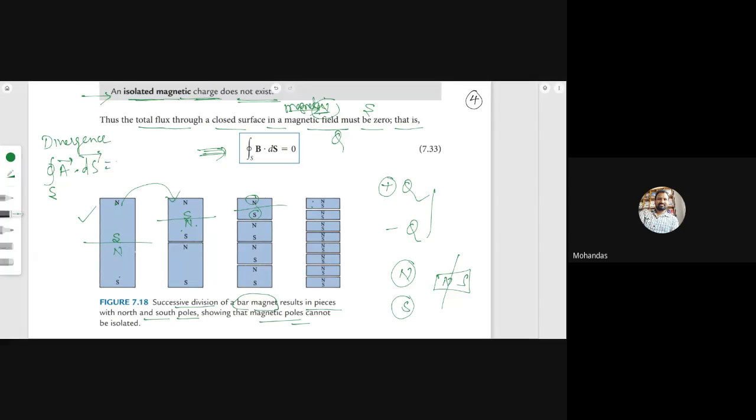Very good, volume integral. Tell me the mathematical formula here. Closed surface integral A dot ds equals the volume integral of del dot A dV. Very good. Now apply this divergence theorem.